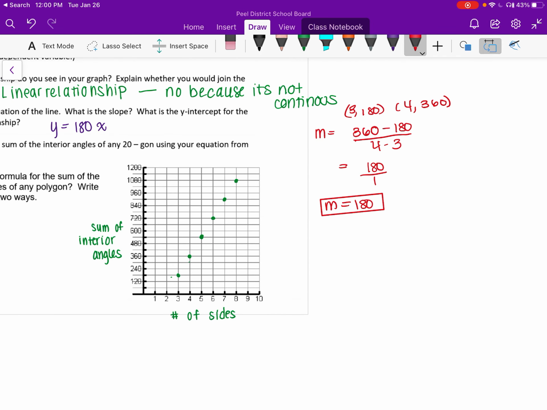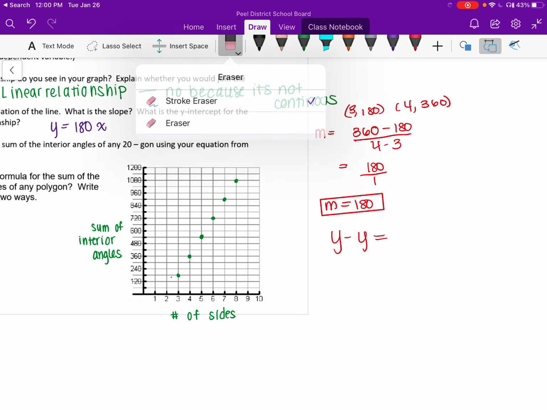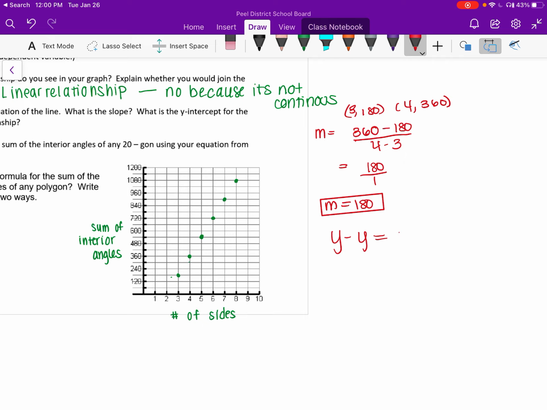So you still have 180, which is our slope, but our point changes, because x should be representing the number of sides. Sorry, I made a mistake. This is why you have to be careful. So I had y minus, I'll use the 180, equals m times x minus 3.